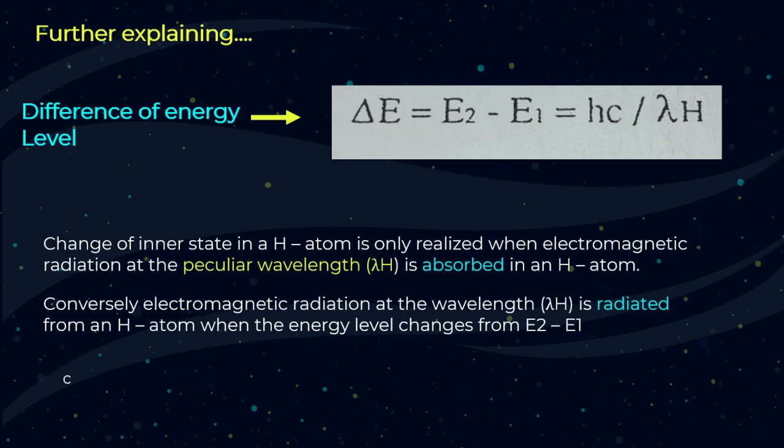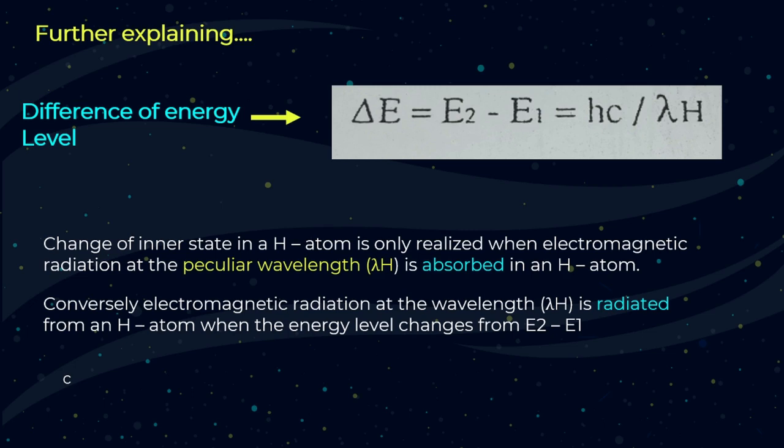The difference of the energy levels can be denoted as delta E, which equals E2 minus E1, which is absorbed. In other words, the change of the inner state in a hydrogen atom is only realized when electromagnetic radiation at the peculiar wavelength, lambda h, is absorbed by the hydrogen atom.